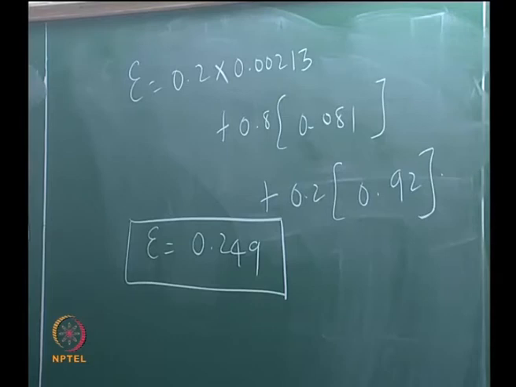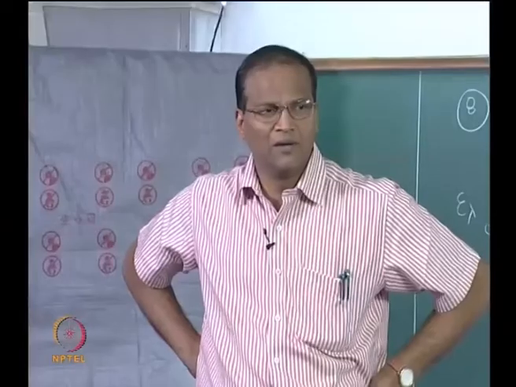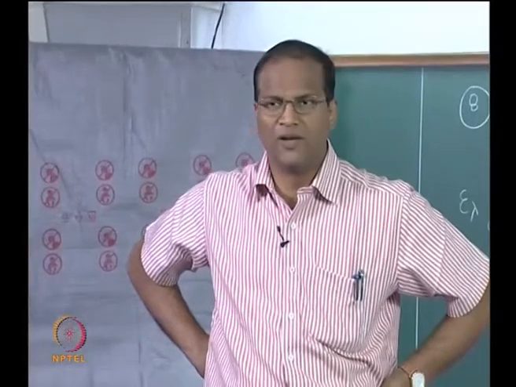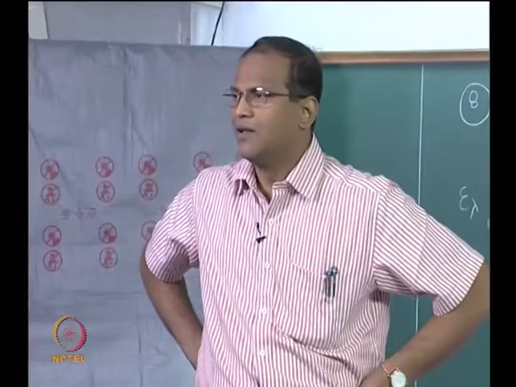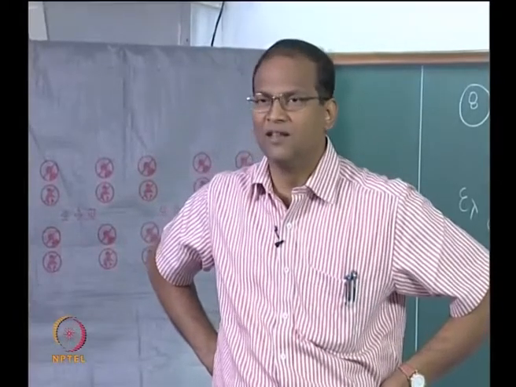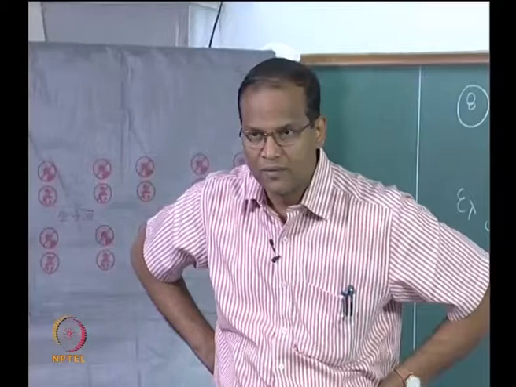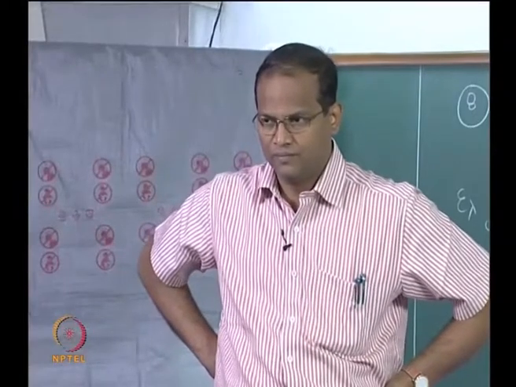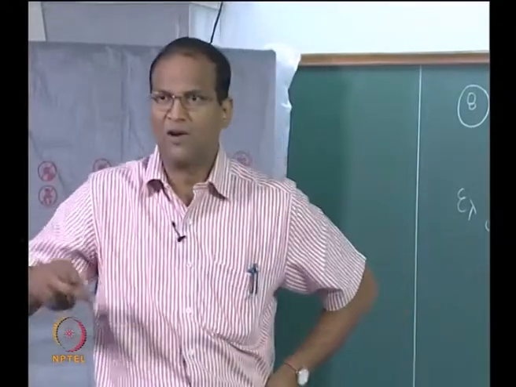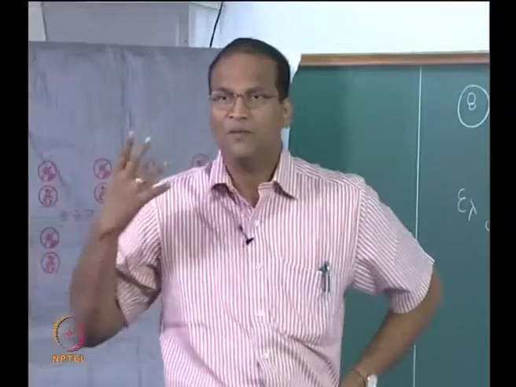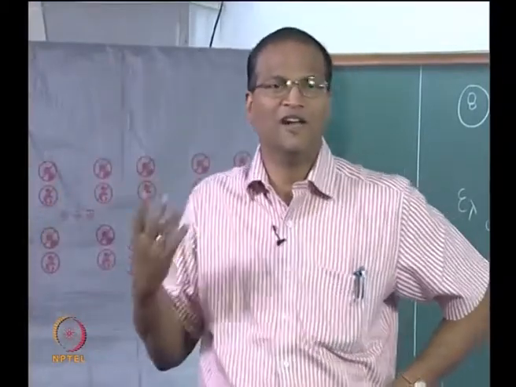I repeat, if epsilon lambda versus lambda is given, don't make the mistake of taking some value of lambda, cutting the distribution and finding the area under the curve and getting the average epsilon. That's not correct. Some people who have missed a lot of classes because they are very confident that they have cleared JEE and all that.